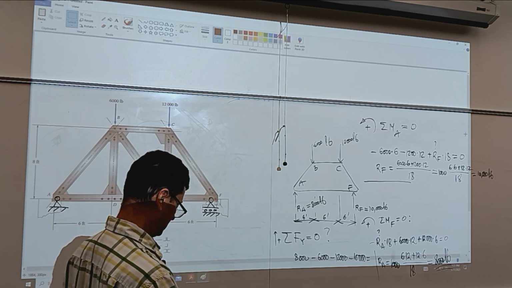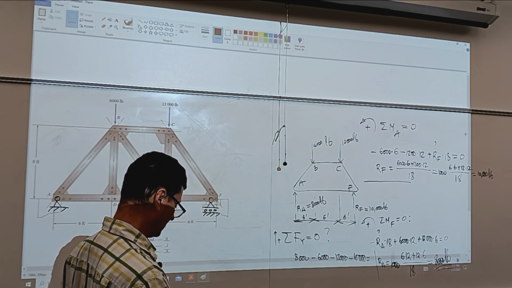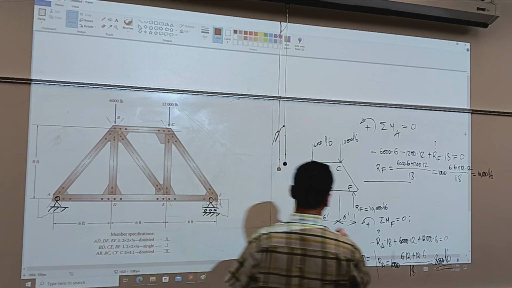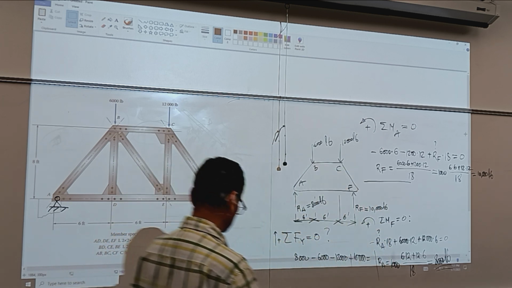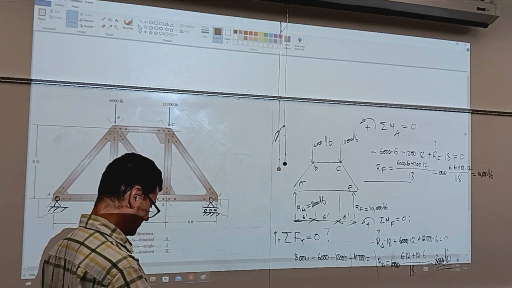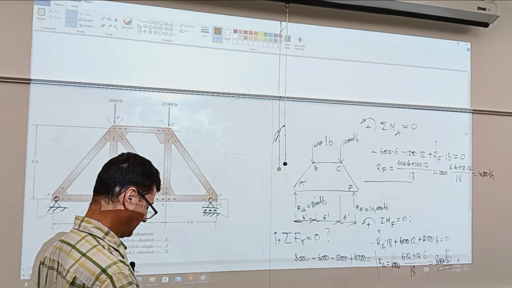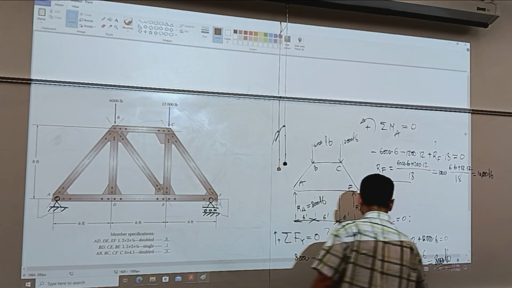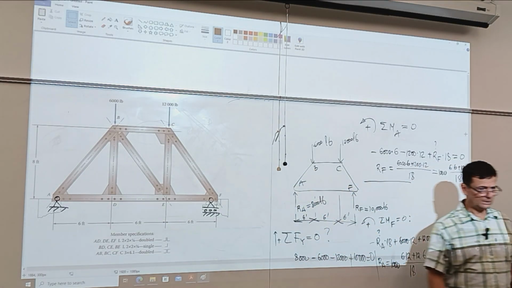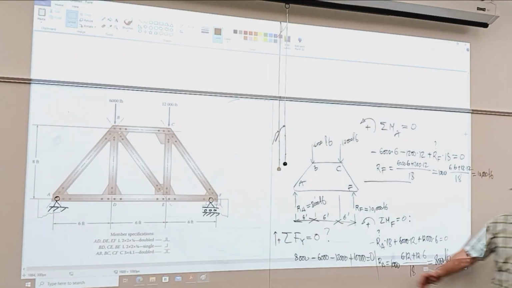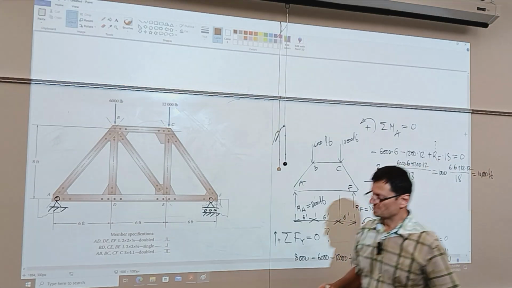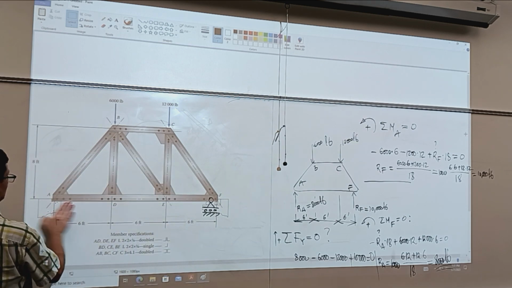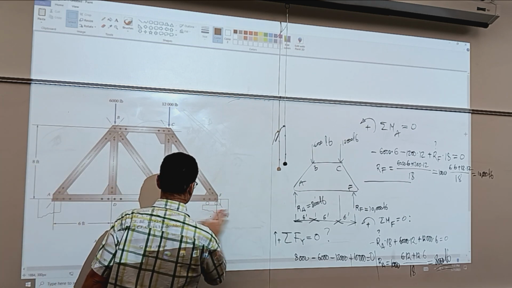So 8 minus 6 minus 12 plus 10 equals 0. We've got it. So we can now invest in further analysis because we have a certainty that the reactions are correctly calculated.